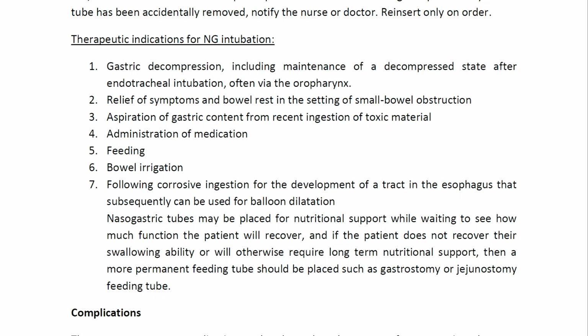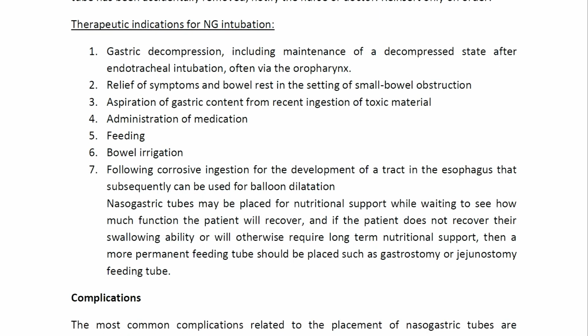Nasogastric tubes may be placed for nutritional support while waiting to see how much function the patient will recover, and if the patient does not recover their swallowing ability or will otherwise require long term nutritional support, then a more permanent feeding tube should be placed, such as a gastrostomy or jejunostomy feeding tube.